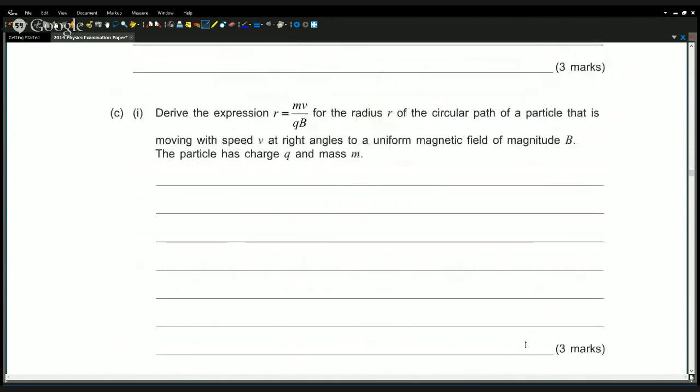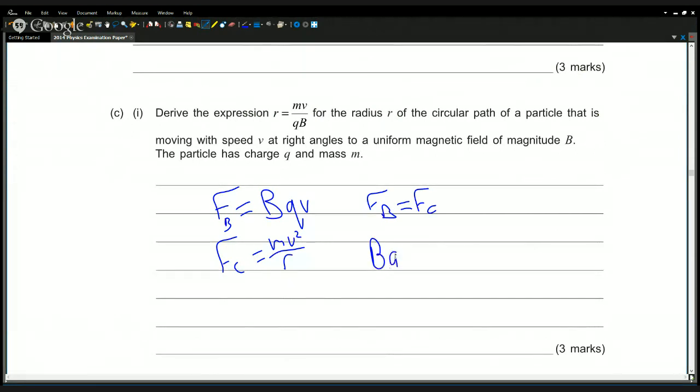Derive the expression. Okay, so the 2 formulas that we're going to use for that are F equals BQV, that's your magnetic one, and your centripetal force, where acceleration a is equal to v squared on r, but times by mass, by Newton's second law, mv squared on r. Okay, equate the two: BQV equals mv squared on r.